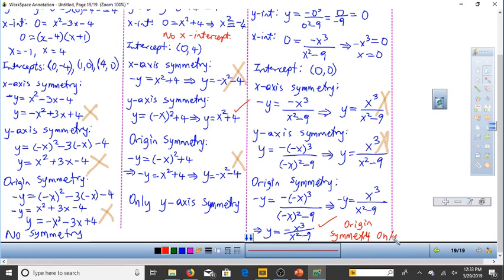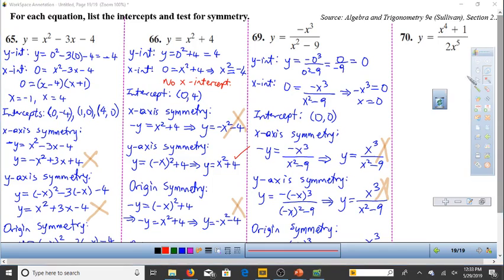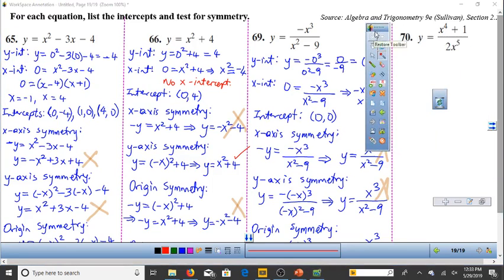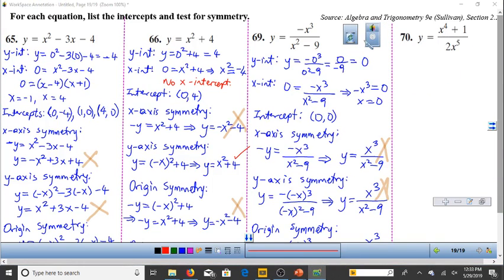All right, now this last example is very similar to what we just did with a little caveat here. So let's just do it. I'll start it off and you can finish it. Y-intercept. To get a y-intercept, we have to set x equal to 0. Problem is, if I set x equal to 0, I'll be dividing by 0 here.